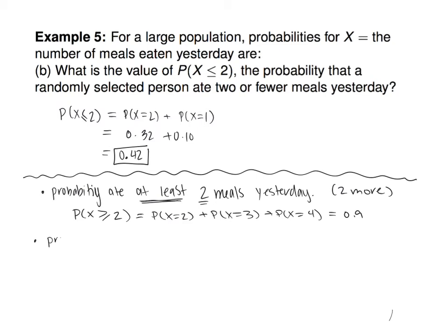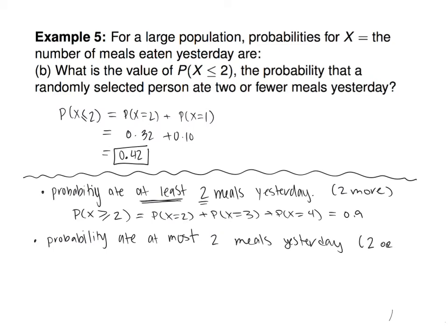Versus something like this. The probability that you ate at most 2 meals yesterday. Okay, so if you ate at most, that means 2 was the most.